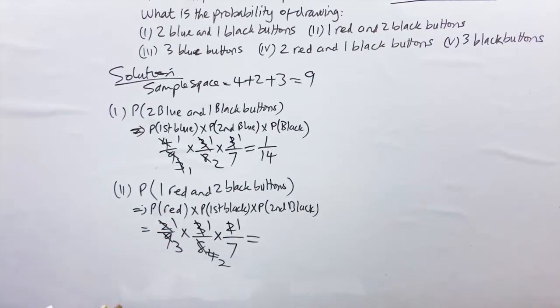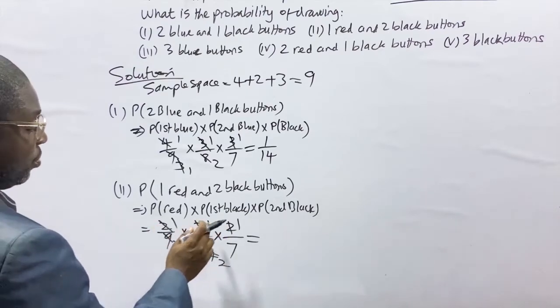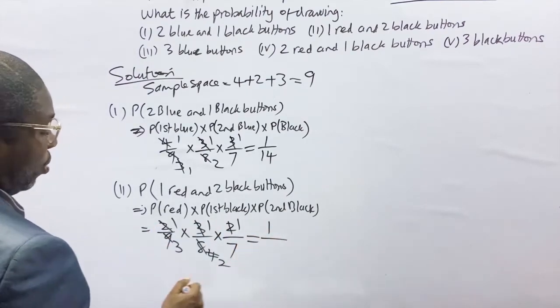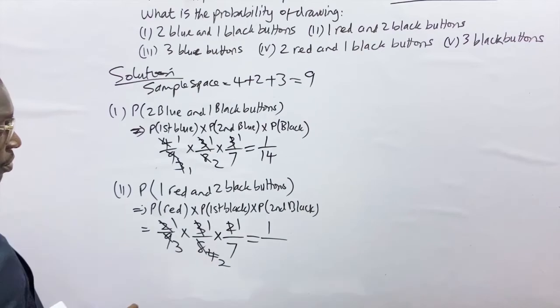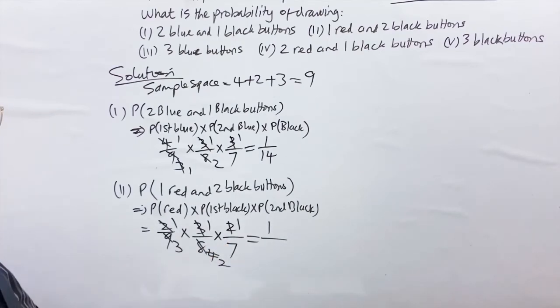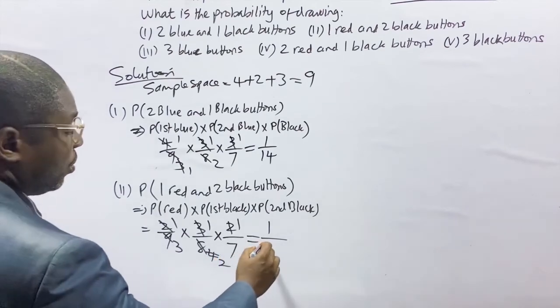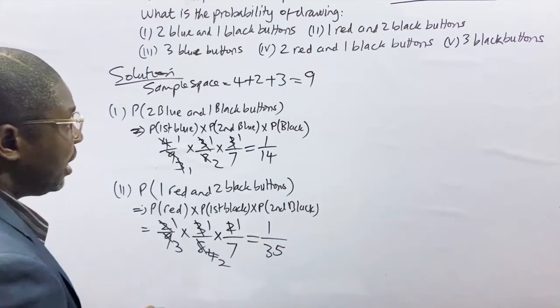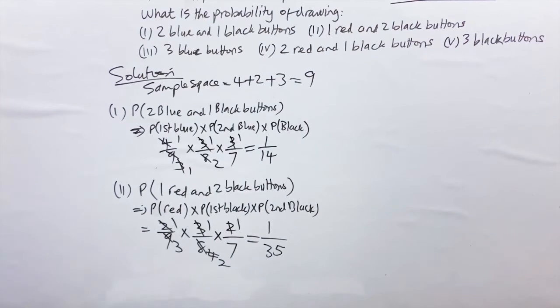So it becomes easier. So we now have 1 times 1 times 1 is 1, all over 3 times 2 is 5. 5 times 7 is 35. So we have 35. So the answer to number 2 is 35.